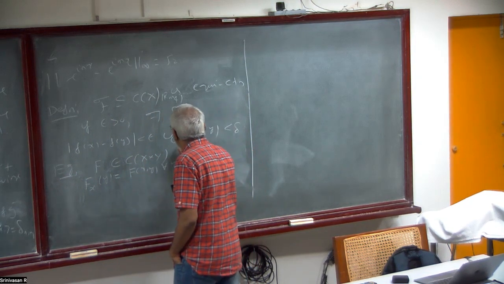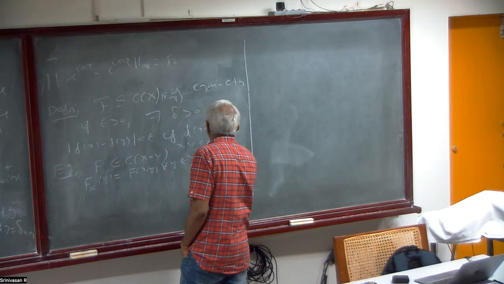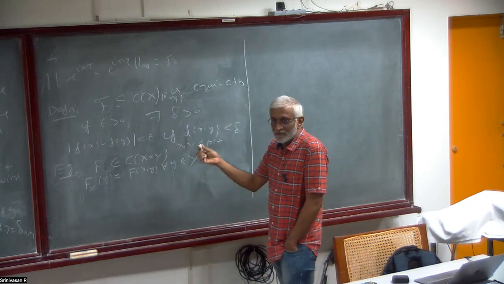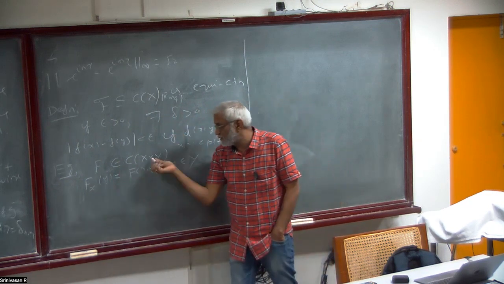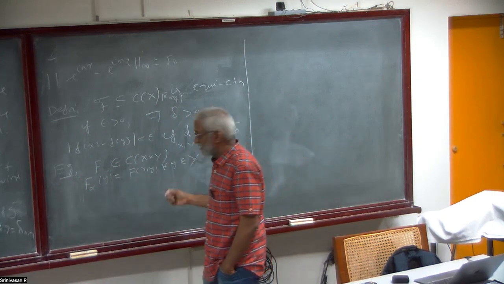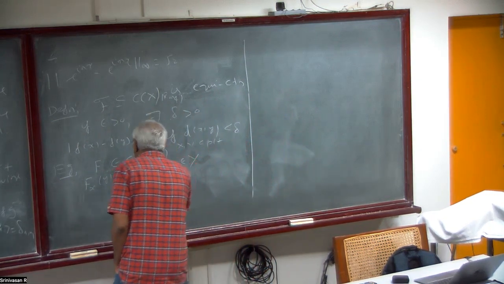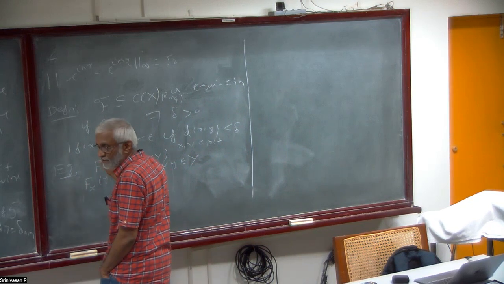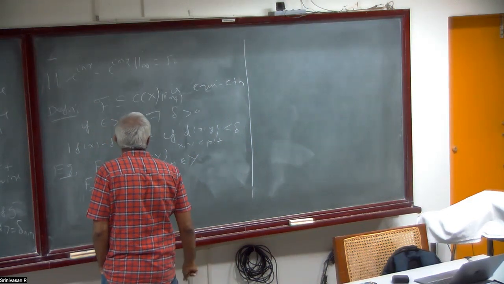Let's take X and Y to be compact, because we don't want to confuse. f is continuous, so it is uniformly continuous also. Otherwise, we have to impose another condition, that f is uniformly continuous also.